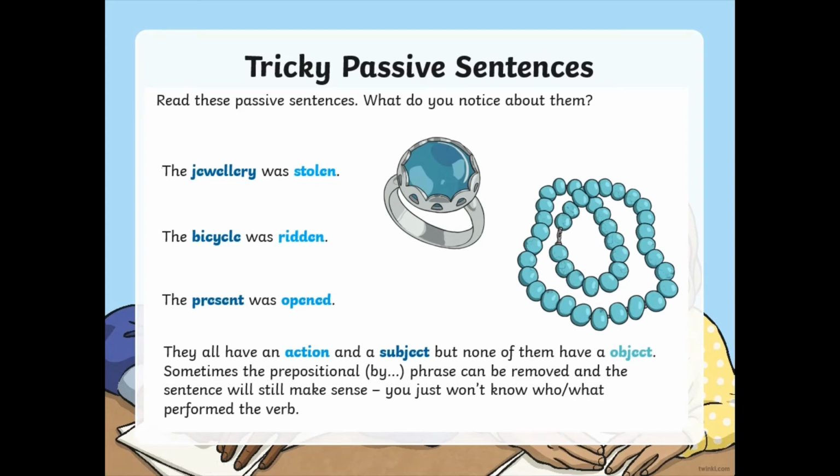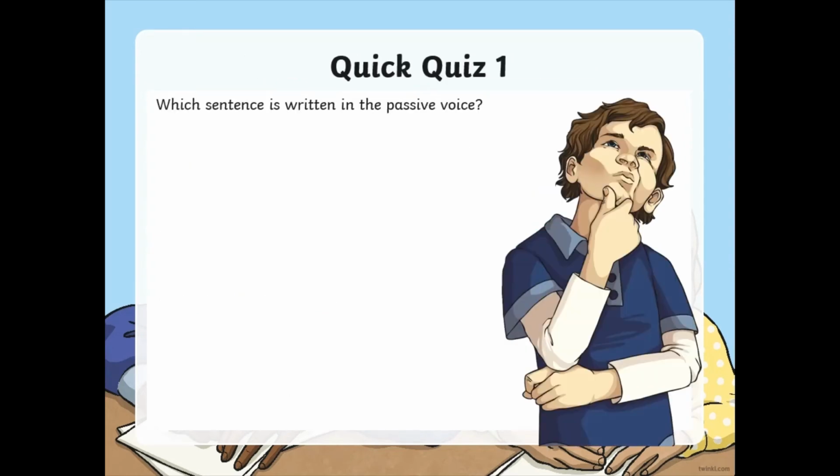Now, sometimes that prepositional phrase at the end has been removed: the jewellery was stolen by the thieves, the bicycle was ridden by whoever it may have been. The sentence still makes sense on its own, but the only problem with this is we don't know who or what has performed the verb.